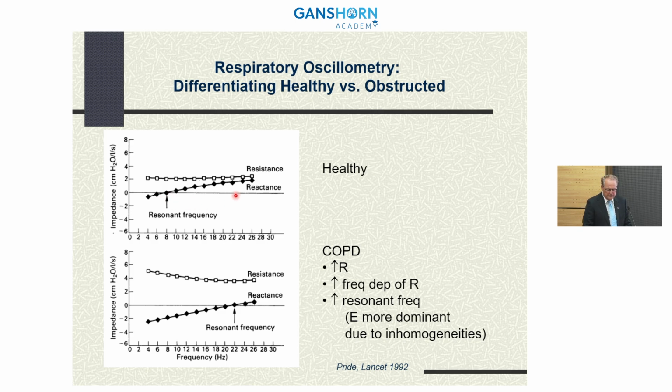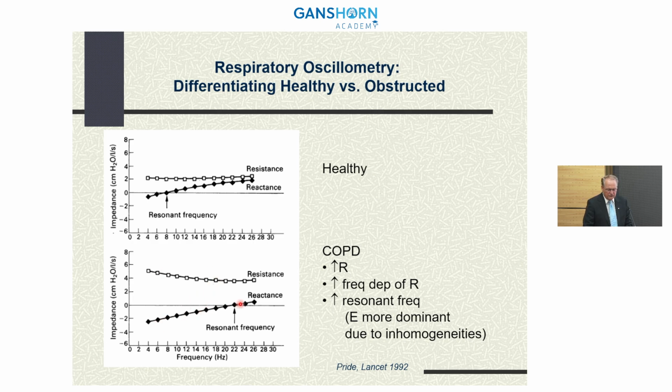The other point that I didn't make on the last cartoon was resonant frequency, and that's where it crosses the 0 line. In an individual with COPD, of course, resistance is going to be higher. We know this because of floppy airways, or in individuals that have chronic bronchitis and the airways are blocked with mucus. Resistance is going to be higher across the board, but it's also going to be higher in the peripheral airways versus the central airways.